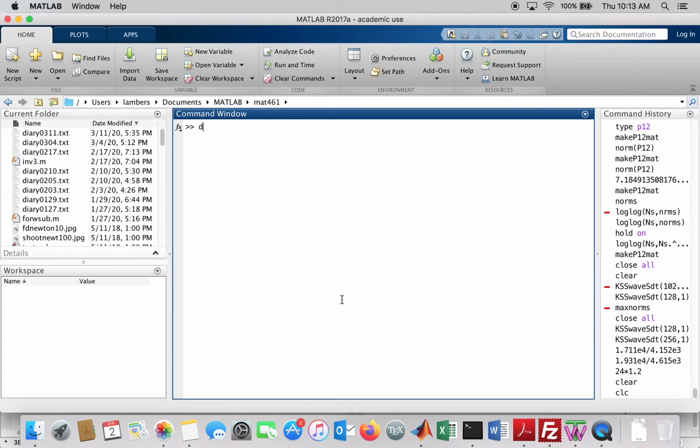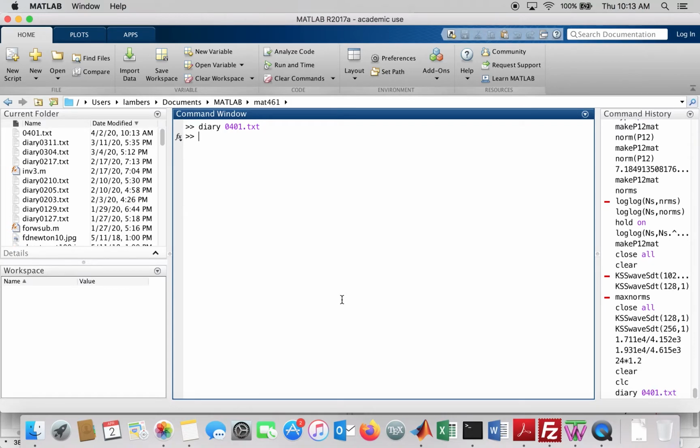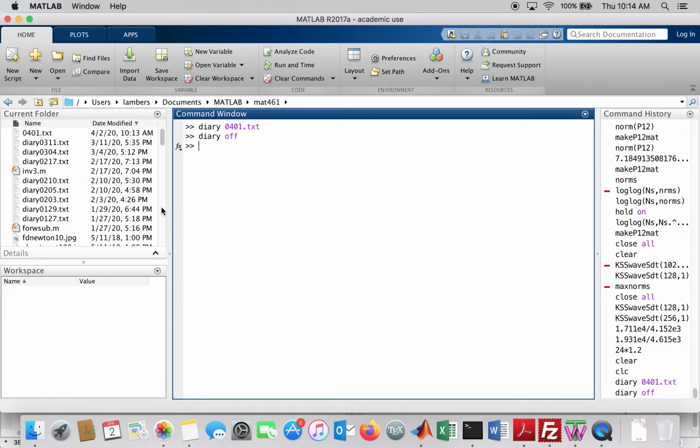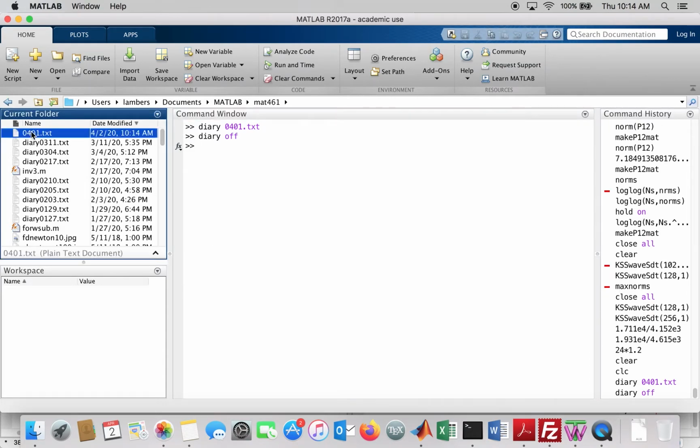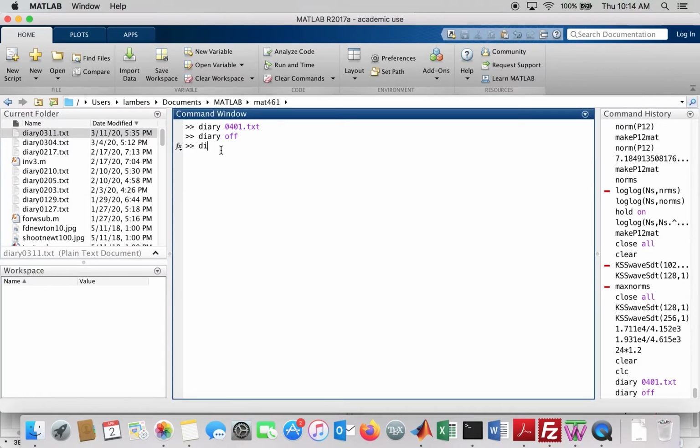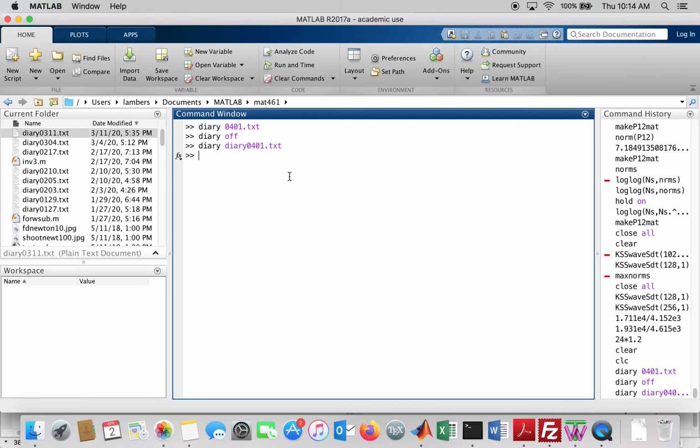Okay, so first I'll get a diary going. I didn't want to name it that. So I can solve a very simple initial value problem: y' = y, y(0) = 1.